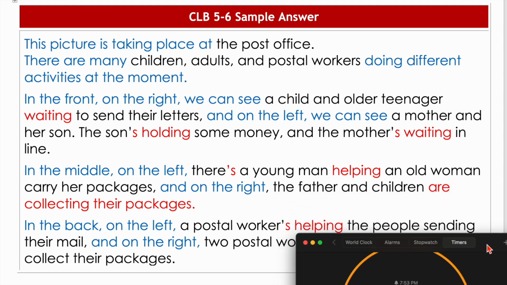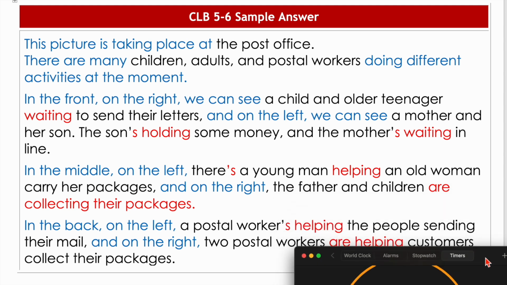This picture is taking place at the post office. There are many children, adults, and postal workers doing different activities at the moment. In the front, on the right, we can see a child and older teenager waiting to send their letters. And on the left, we can see a mother and her son. The son's holding some money and the mother's waiting in line.